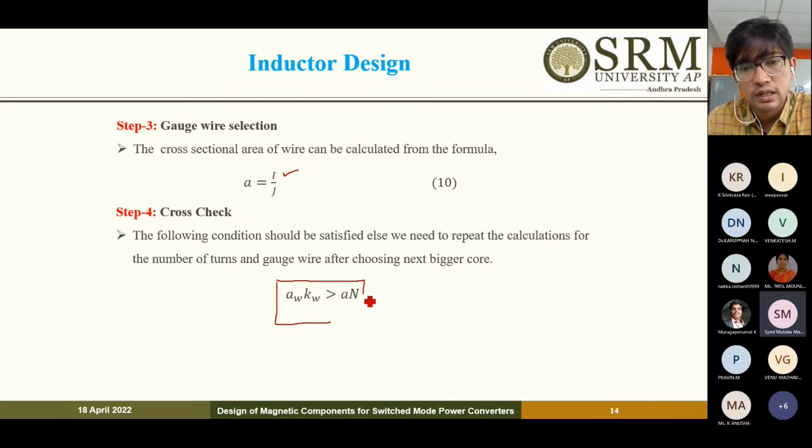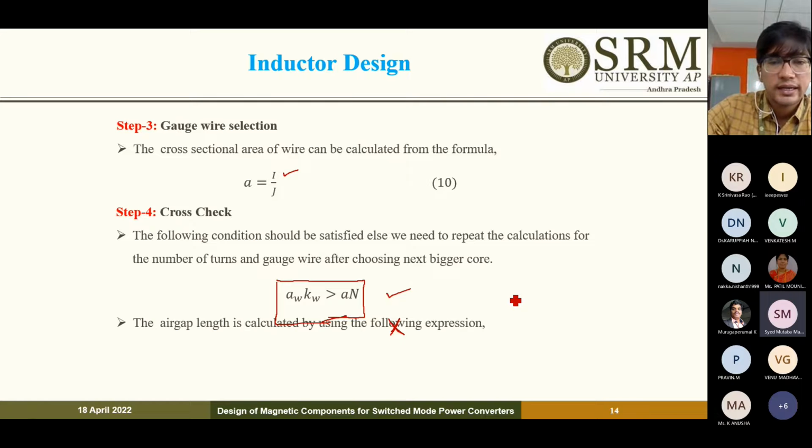Once you substitute these values, if this condition is satisfied, then our design is correct. If the condition is not satisfied, we need to go back to the area product and go with a somewhat higher core than the one we selected, because with that core our design does not satisfy this condition. Then we repeat the same procedure. This is the way to design an inductor.